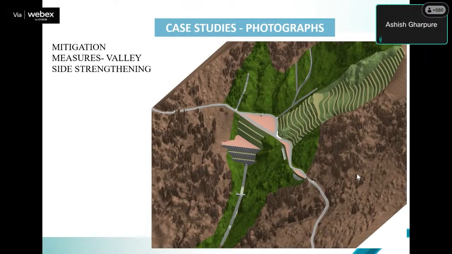We made a benched cut and vegetation on the right hand side, greening. We lined all the drainage paths, and one of the proposals was to take drainage down through a shaft, and later at the bottom, if you can see, it is coming out of the culvert and going down again in a stepped way. So this is just a 3D overall image of how such big issues can also be tackled with careful planning. Next, please.